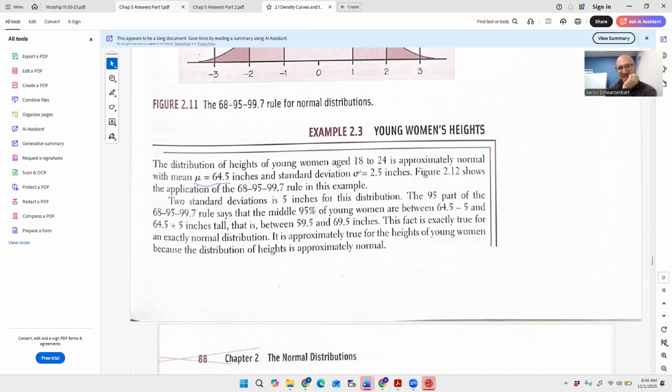And the standard deviation is 2.5 inches. So what is the mean minus 2.5? 62. Plus 2.5 is 67. That means 68% of young women fall between 5'2" and 5'7". You're like, actually, that's pretty believable, isn't it?